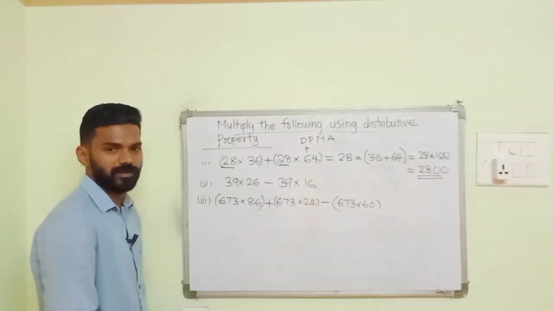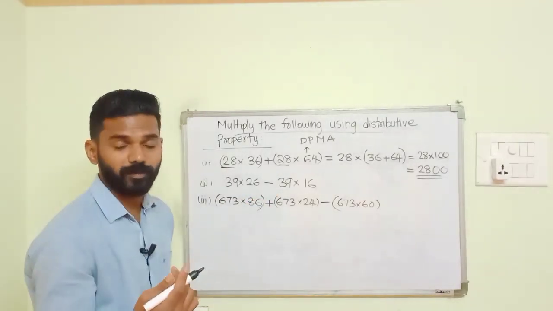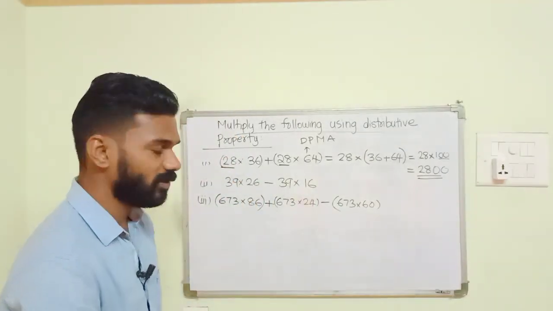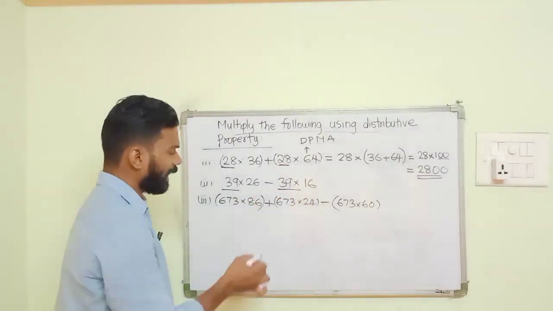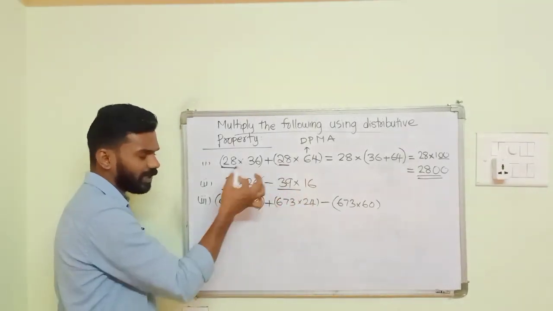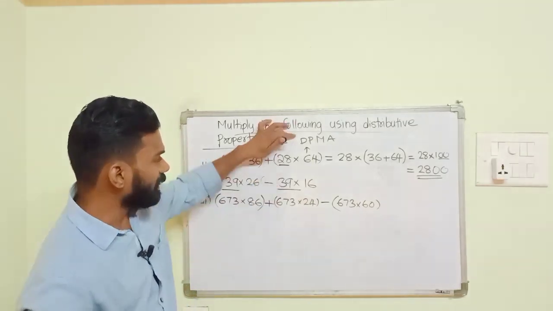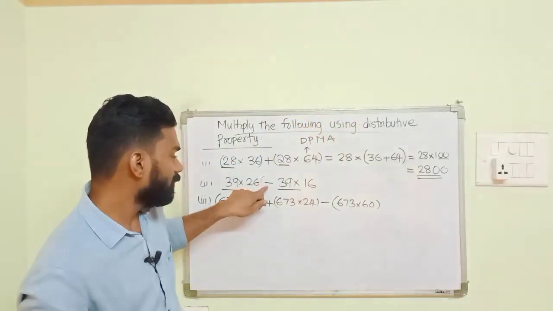The second one. Here you can see there is a multiplication which is common in both, 39 into 39. And you can see here this is a subtraction too. So which property will you be using? Distributive property of multiplication over subtraction.